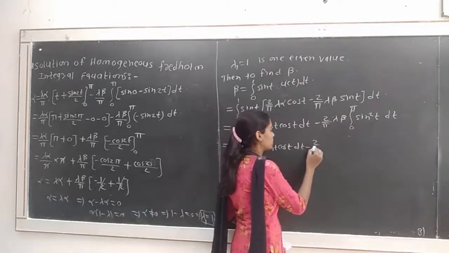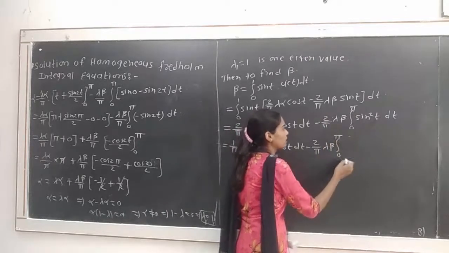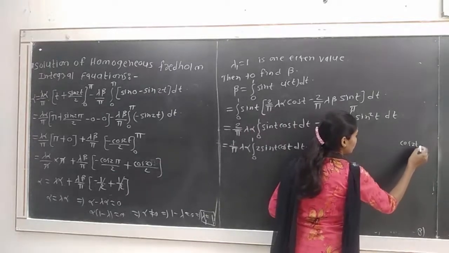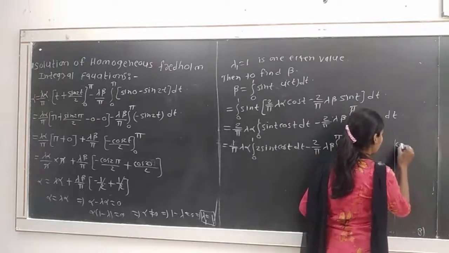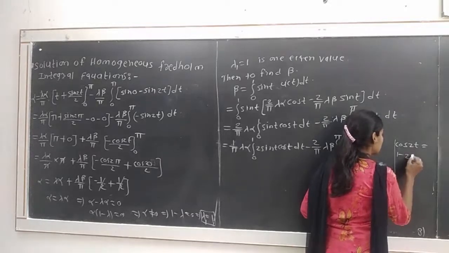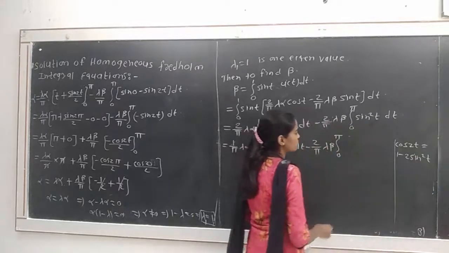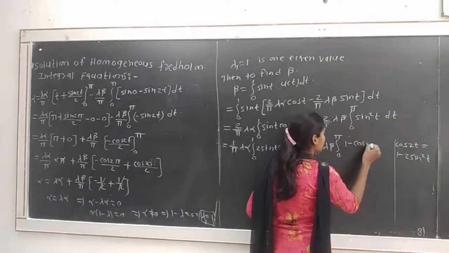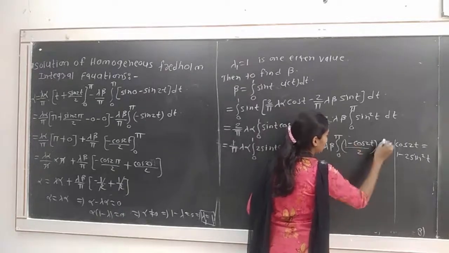Minus 2 by pi lambda beta integration from 0 to pi. Again here we use the formula of cos 2t is equal to 1 minus 2 sin square t, so we get the value of sin square t is equal to 1 minus cos of 2t divided by 2 dt.